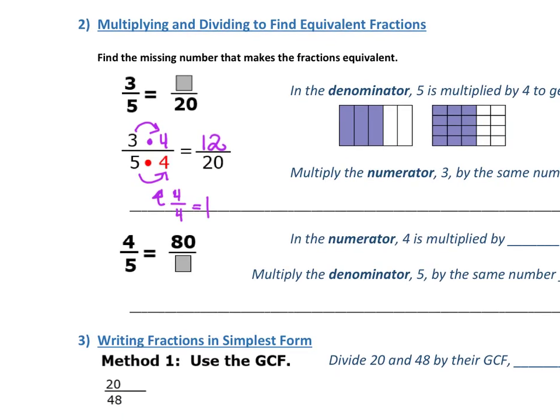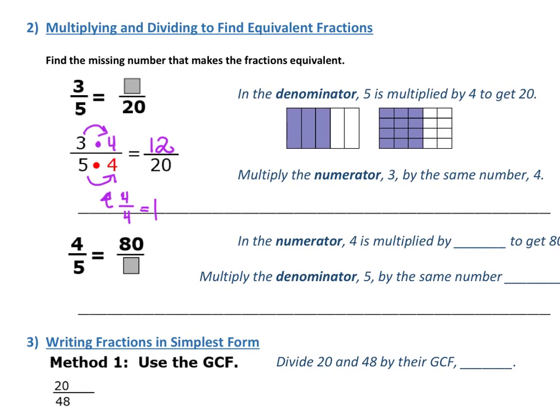Here's another multiplication example. So to get from 4/5 to 80 somethings, I'm going to this time look at my numerator because that's where I have both numbers. So to get from 4 to 80, I would need to multiply by 20.